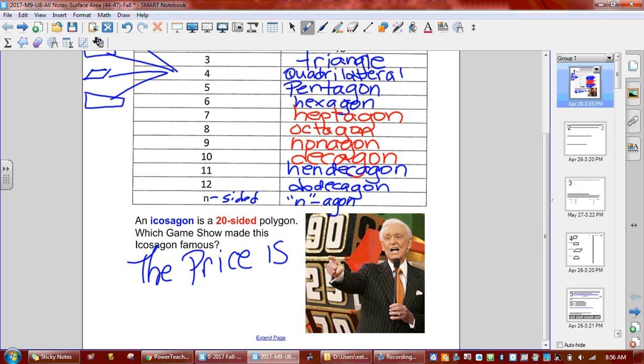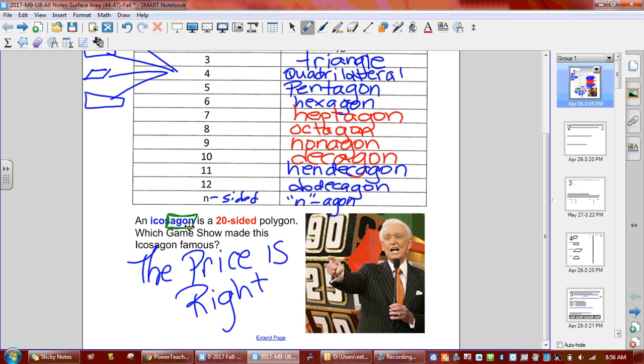Now, take a look at what the ending word is. Agon. So, when we've got the agon part of it, that means sides. It tells you how many sided polygon you're dealing with.